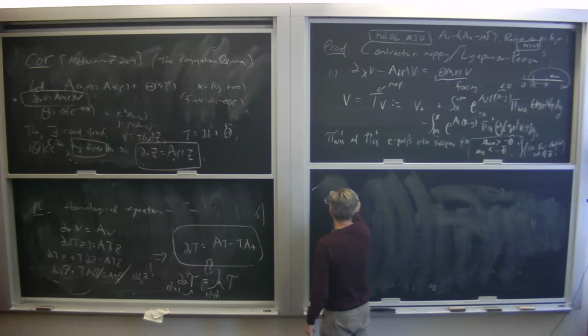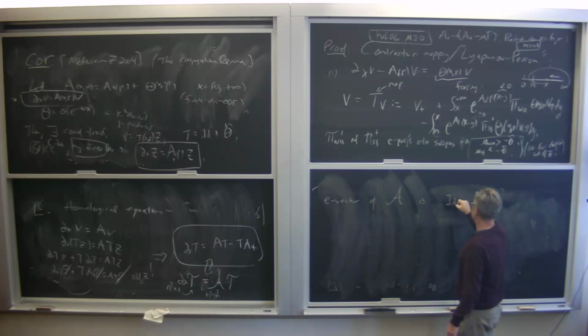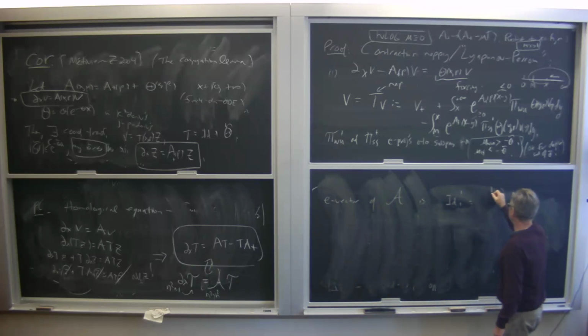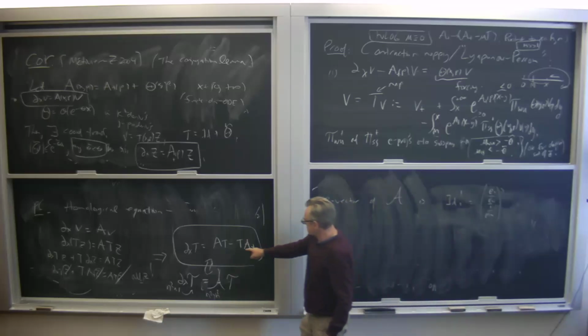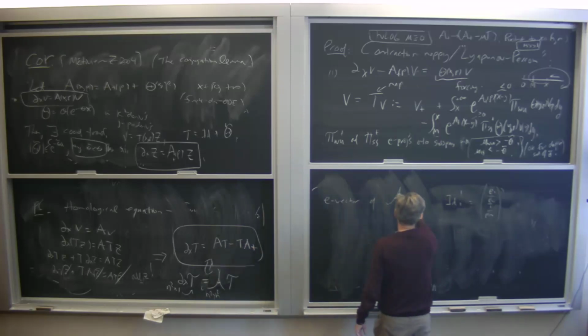There's an eigenvector of script A, the identity, which would be E1, E2 through En, the standard Euclidean basis written one after the other. How do I know that? Well, because I know the action of A is AT minus TA plus. I'm sorry, it's an eigenvector of A plus.